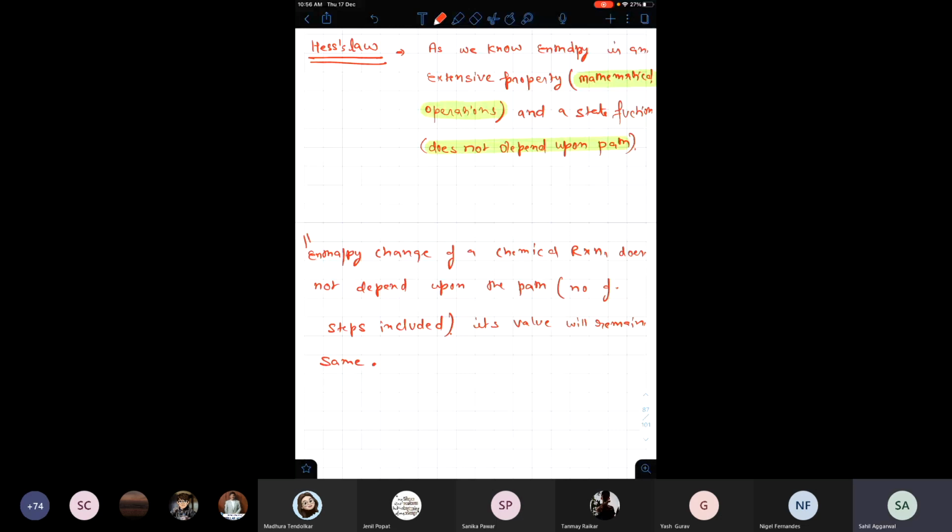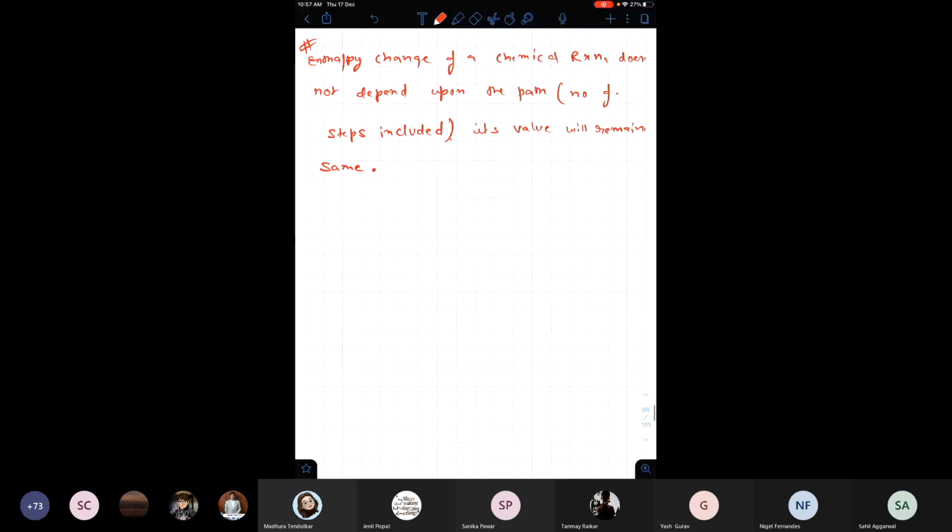Whether you are doing that reaction in 5 steps or in 1 step, overall energy change will remain same. Am I audible to all? Enthalpy change of a chemical reaction does not depend upon the path followed. It does not depend on how many steps the reaction takes; the overall enthalpy change of a reaction will remain same.